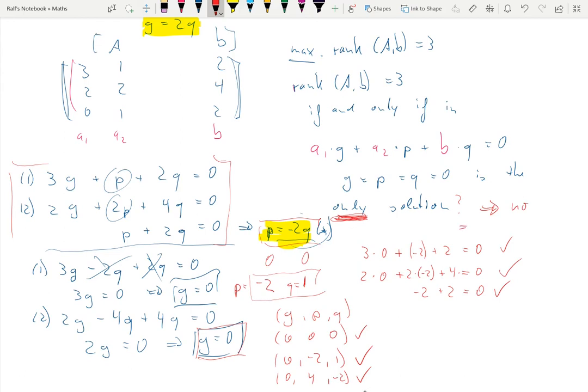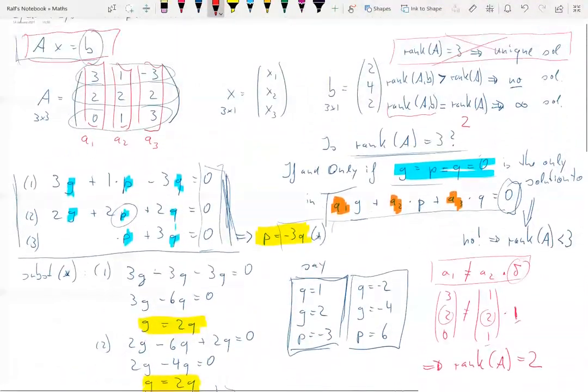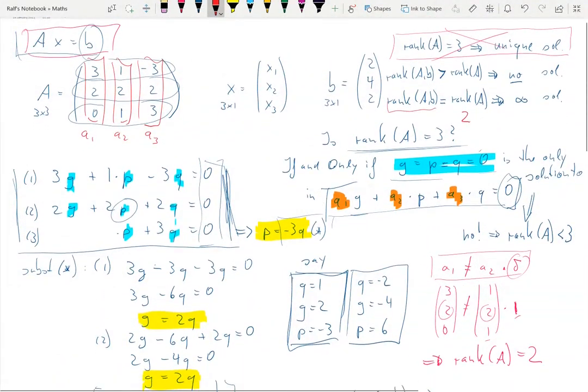So that means that the rank of A comma B is also 2. We already know A1 and A2 are linearly independent, so the third column is not jointly linearly independent. There are not 3 independent columns, but there are certainly 2. So the rank is 2. So let's see where we are back here.